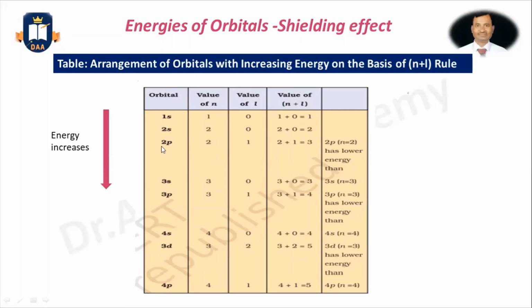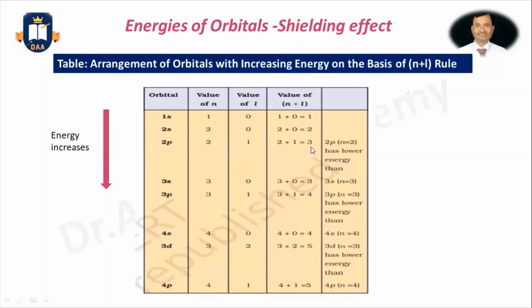Further, if you go to 2p orbitals, 2 is the value of n, and from our previous class we know that for p the azimuthal quantum number is 1. If you add these, n plus l is 2 plus 1, equal to 3.